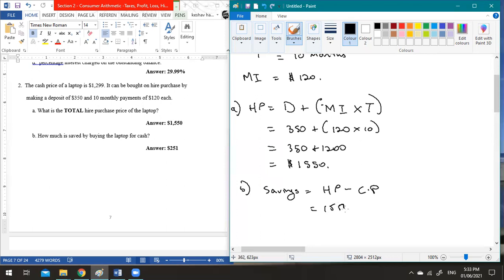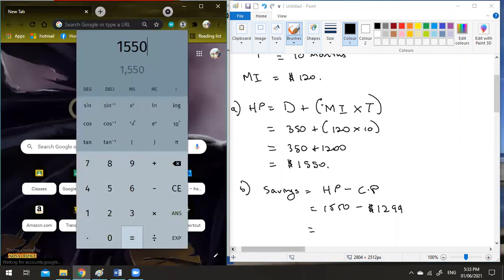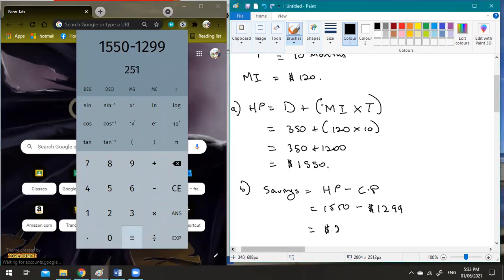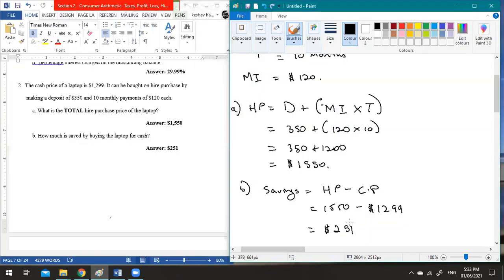So 1550 minus 1299. And a bit lazy today, so let's use the calculator. 1550 minus 1299, $251. So yeah, if you were to buy it for cash, you would have saved $251.